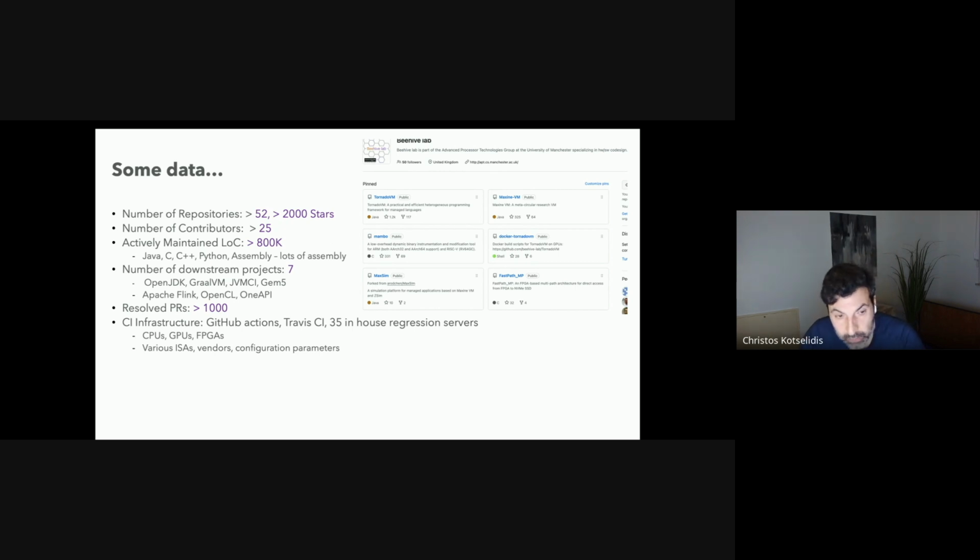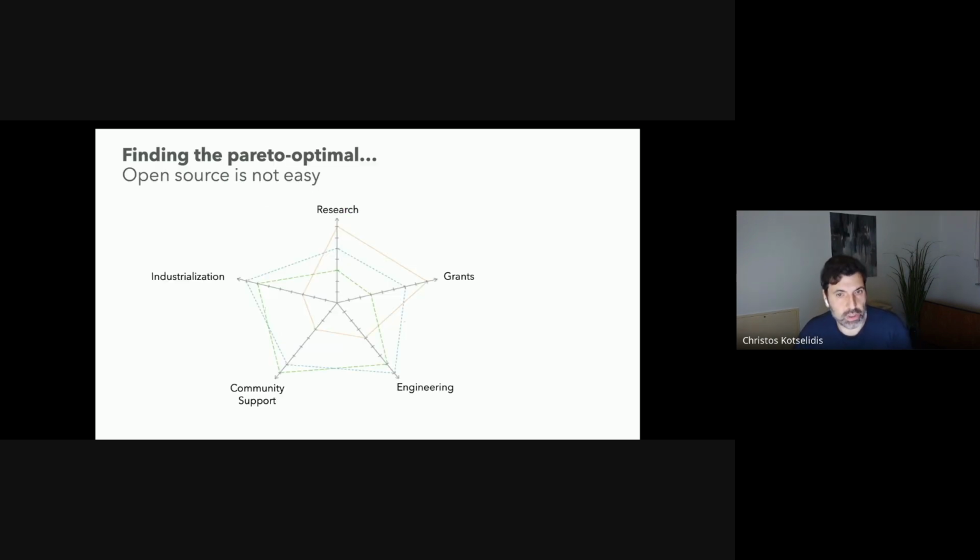And of course we have a really huge infrastructure for integration through GitHub Actions or our own in-house servers, because we do research for CPUs, GPUs, and FPGAs, so our software needs to run every day, run unit tests, and make sure it doesn't break, because companies and other universities do use the software, so we want to give back to the community.